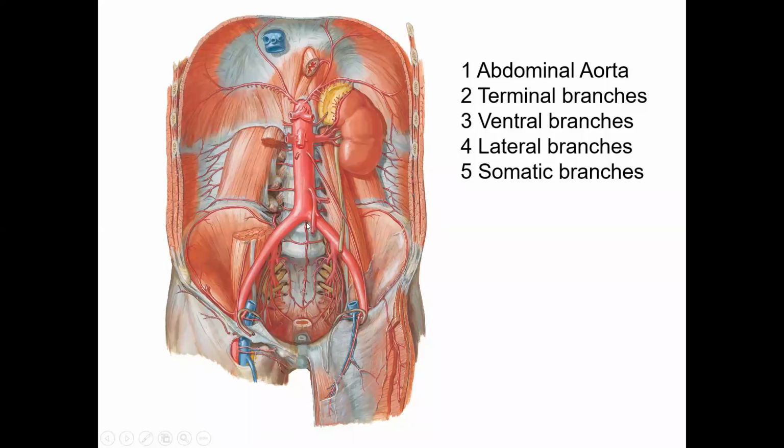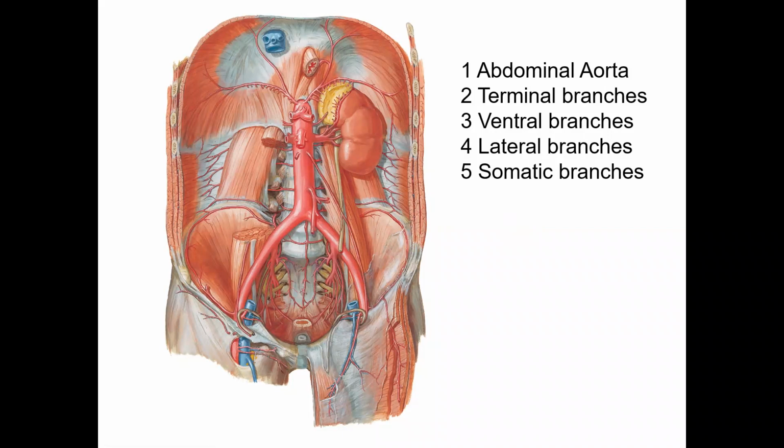This was the original continuation of the abdominal aorta, but now, it being so small, we are considering that the abdominal aorta terminates by giving 2 common iliacs, and at that point, a dorsolateral running vessel, the median sacral, is the 5th somatic branch. The 5 somatic branches are 4 paired lumbars and the 5th median sacral.